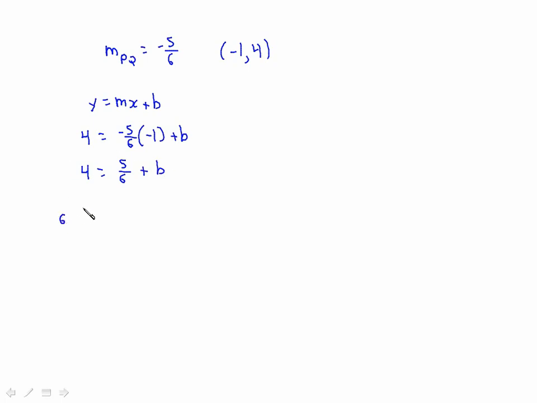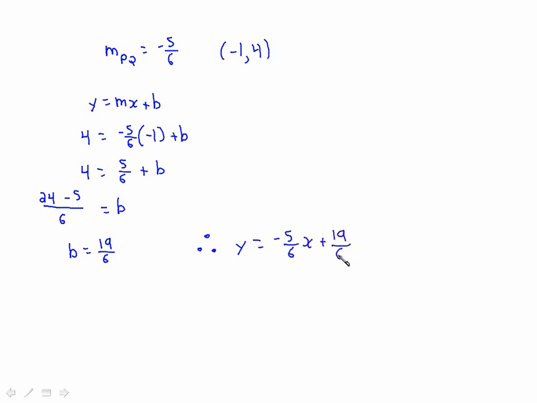I'll do it old school for a while, over 6. So when we isolate the b, we'll get 4 over 1 multiplied by 6 is 24 over 6, and then minus 5. So b should be equal to 19 over 6, which would mean that our equation at last is y is equal to a slope of -5 over 6 times x plus 19 over 6.